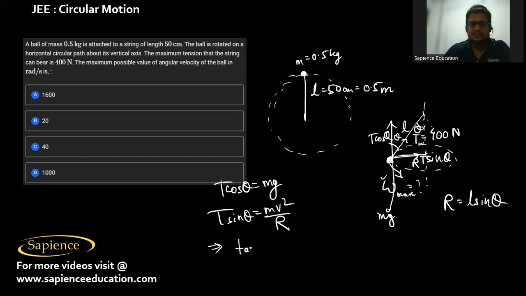Okay, so now from here we can see that tan theta, and T max.